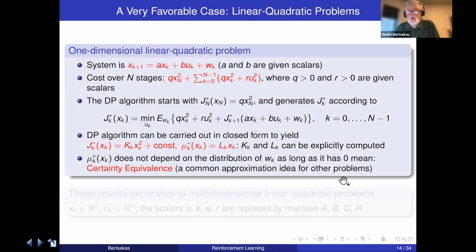Now, for other problems, this is not true. On the other hand, it is a common approximation idea to use in reinforcement learning. Simplify the problem by fixing uncertain quantities which give us trouble at their expected values or some other typical values.